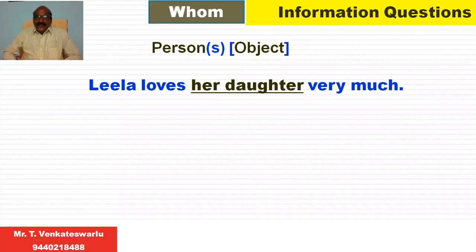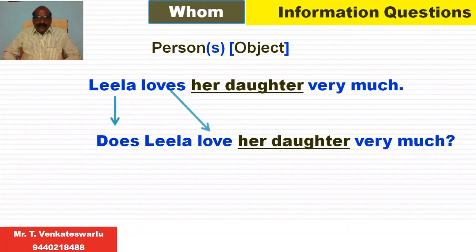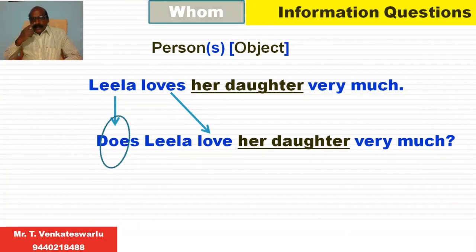First, we have to change it into a yes or no type question. Look at the given verb. The word loves is in simple present tense. In such cases, we have to prefix does at the beginning of the statement and the s is deleted from the main verb, so that we get a yes or no type question. Does Leela love her daughter very much?